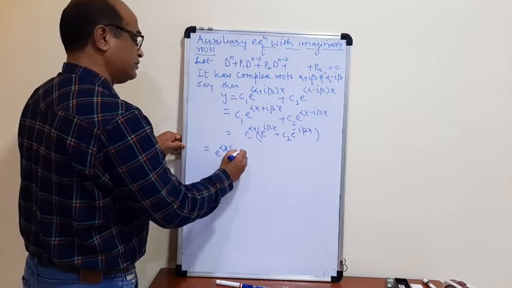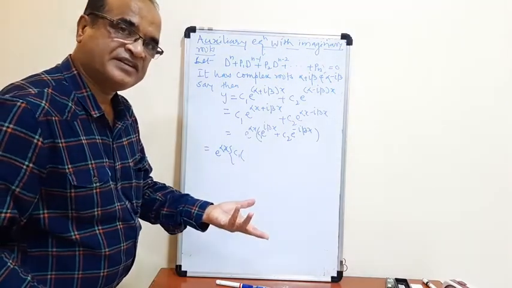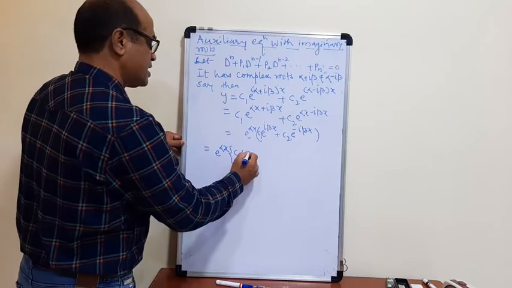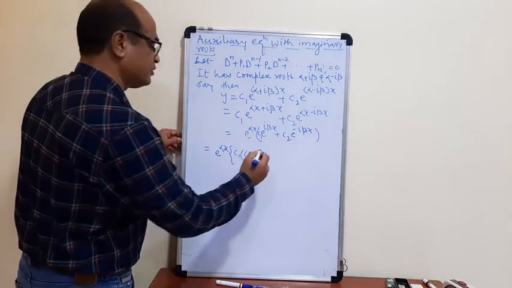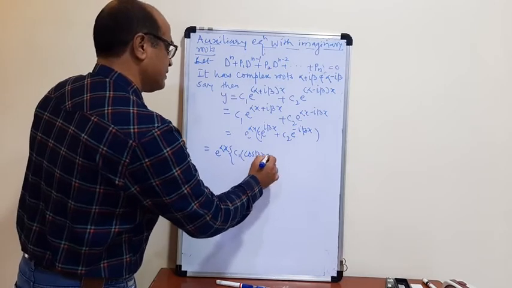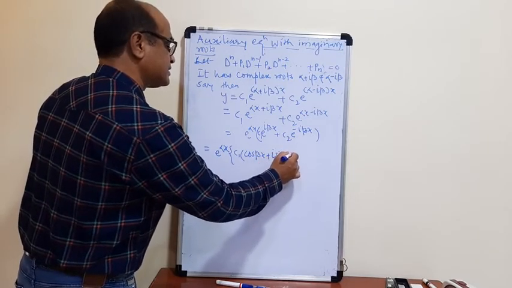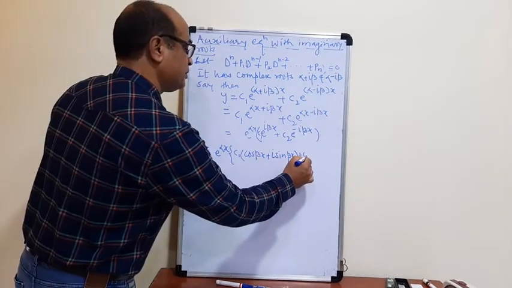So c1 into, e raised to i beta x is a transcendental function. So what is this transcendental function in terms of circular function? This is cos beta x plus i sin beta x. Plus c2 into bracket.